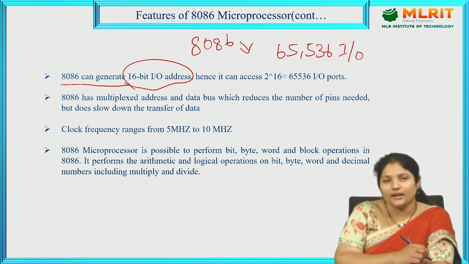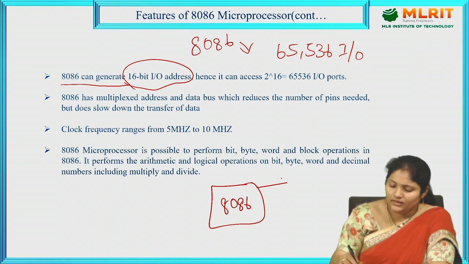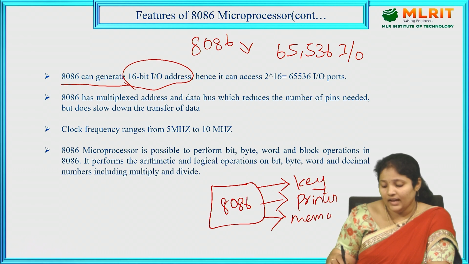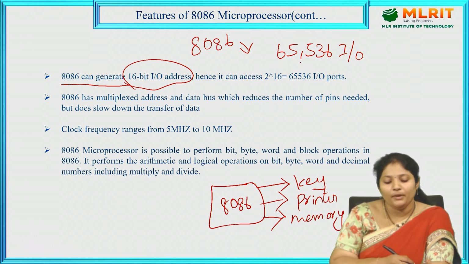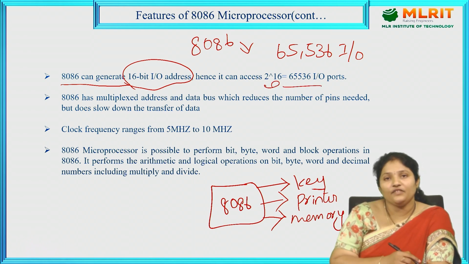It can be attached to input devices like a keyboard, output devices like printers, and memory devices. By using input-output addresses, it can access 2 power 16, which is nothing but 65,536 input-output ports.